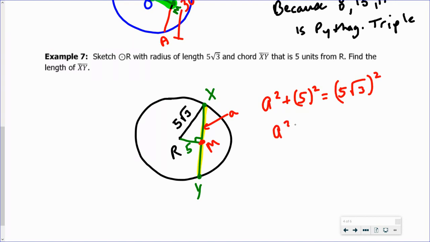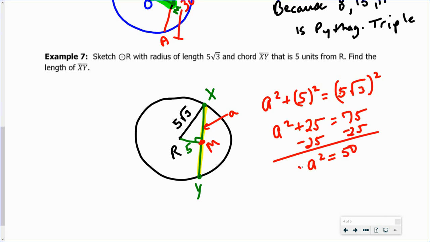Now we can just find the value of A by solving this equation for A. So A squared plus 25 equals, 5 squared is 25, the square root of 3 squared is 3, so that's going to equal 75. We're going to subtract 25 from both sides of that equation. We get A squared equals 50. And we'll take the square root of both sides to get A equals the square root of 50. 50 has a perfect square factor of 25, so this will actually reduce down to 5√2.